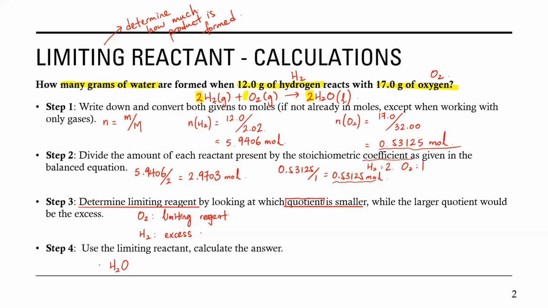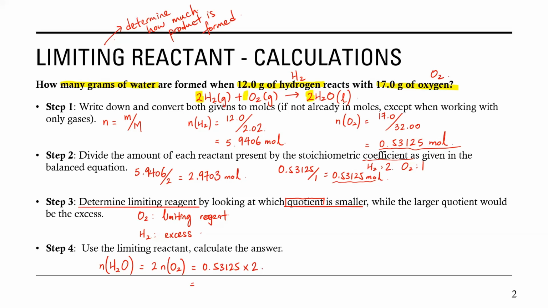The number of moles of H2O is actually twice the number of moles of oxygen. You can see that it's 2:1 from the reaction. So that means the number of moles of water is 0.53125 times 2.